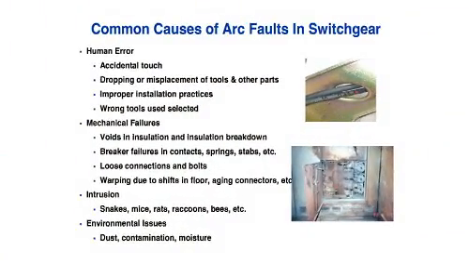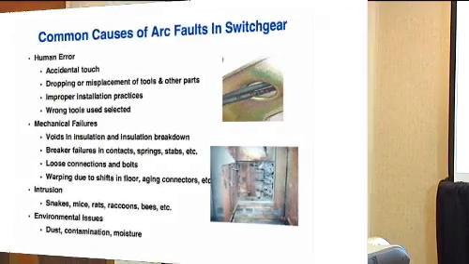The intrusion of snakes, mice, rats, other vermin, they occur in switchgear. In non-arc resistant switchgear, there's typically the cable entrance area is wide open. All right, so all of this vermin can come up and get inside and explosions occur in the cable compartment. In arc resistant switchgear, you don't have that because everything is sealed.